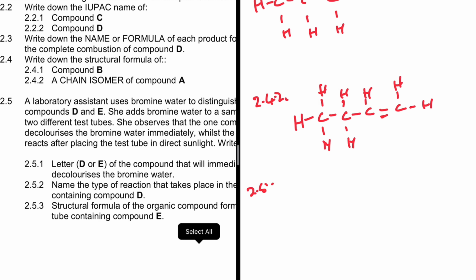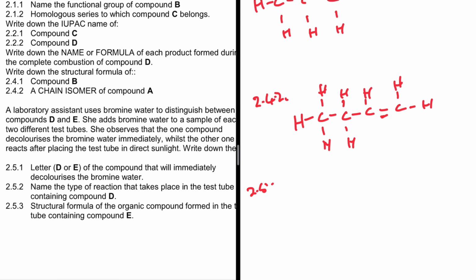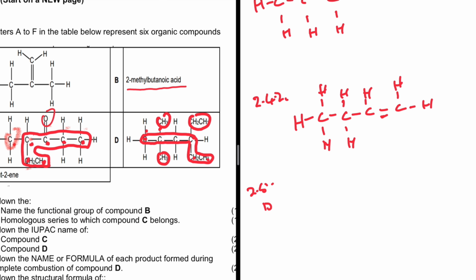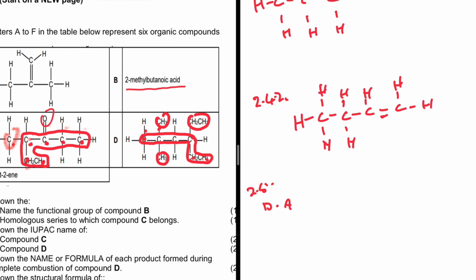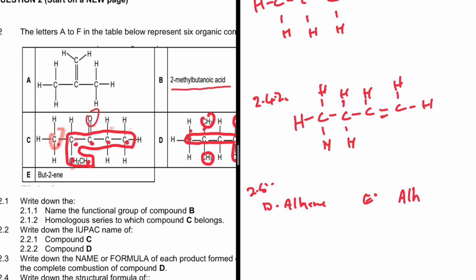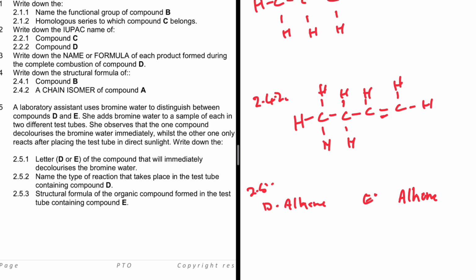A laboratory assistant uses bromine water to distinguish between compounds D and E. Okay, D is an alkane and E is an alkene. She adds bromine water to a sample of each in 2 different test tubes.